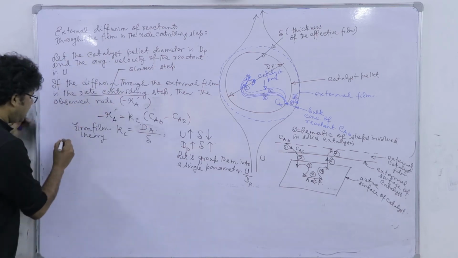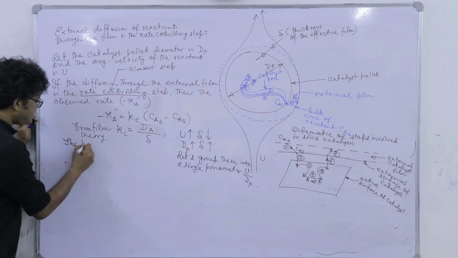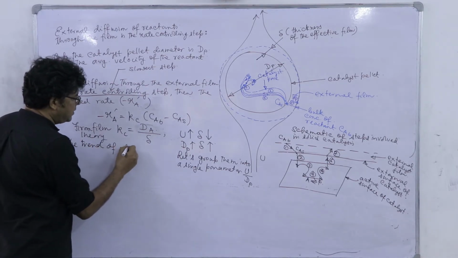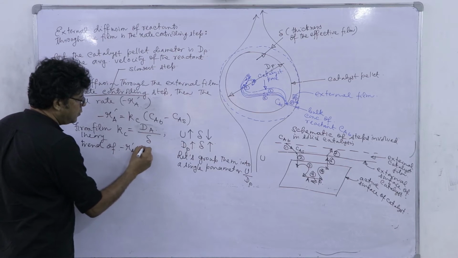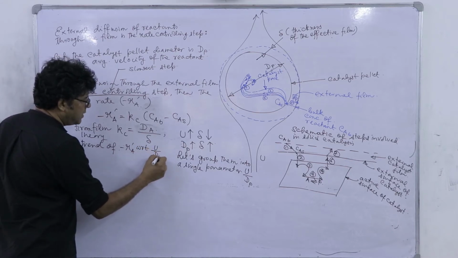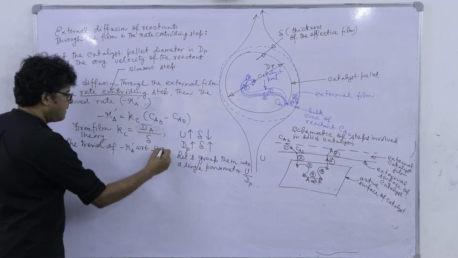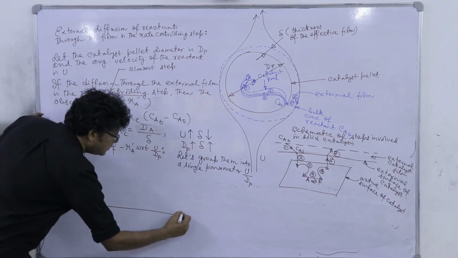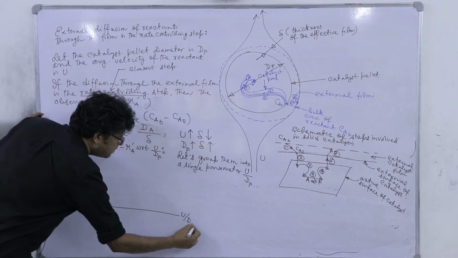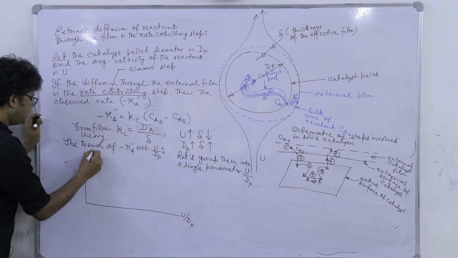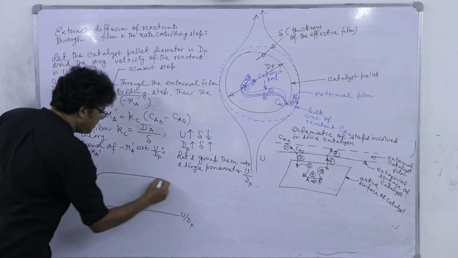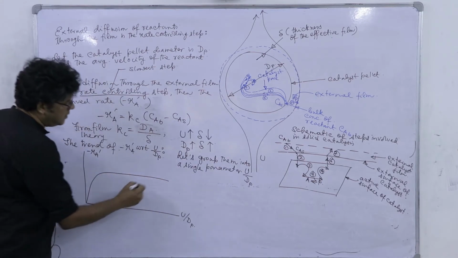So, the trend of minus RA prime with respect to u by dp is like this: it increases before leveling off to some constant value, right.